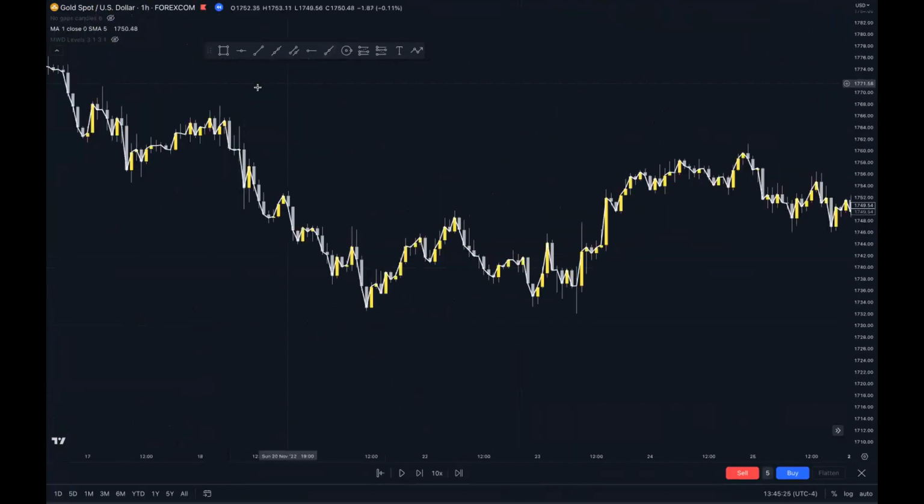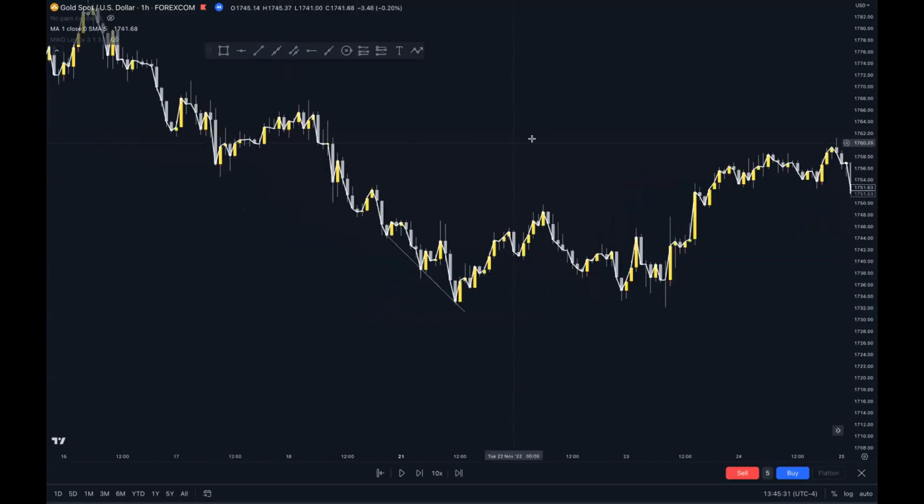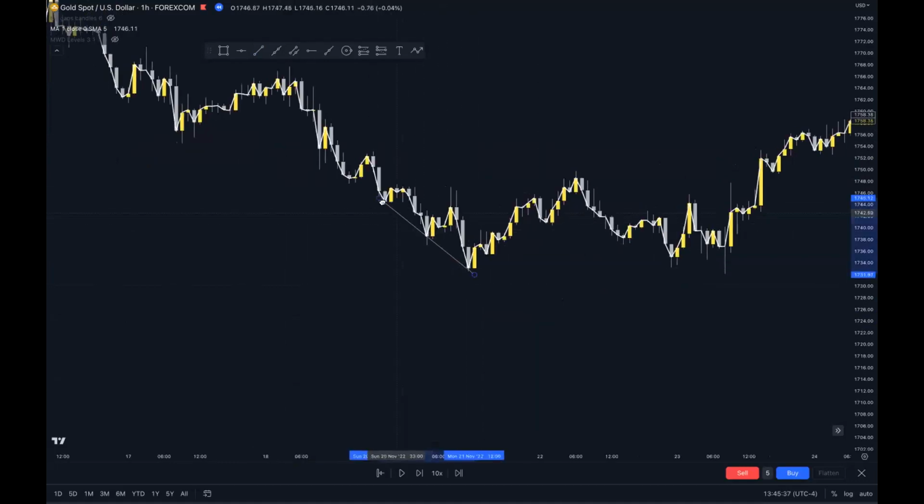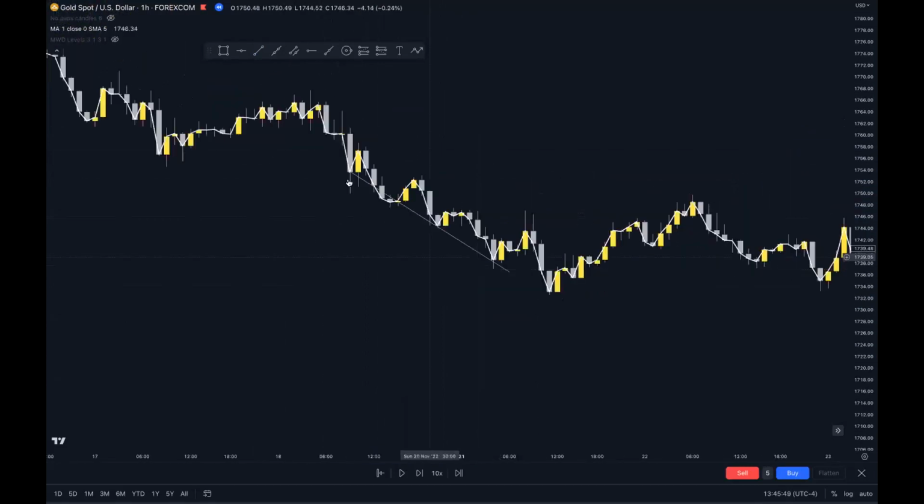So there's a couple actually. Right here. Pinpoint. 1, 2, 3. So this is TL type 5.